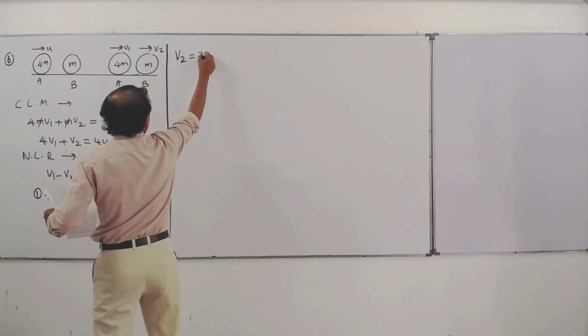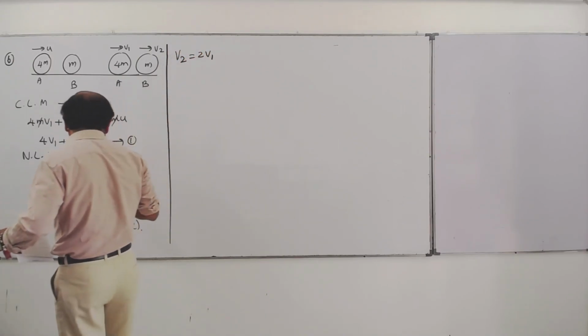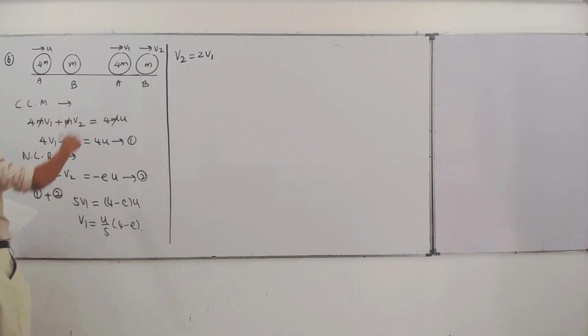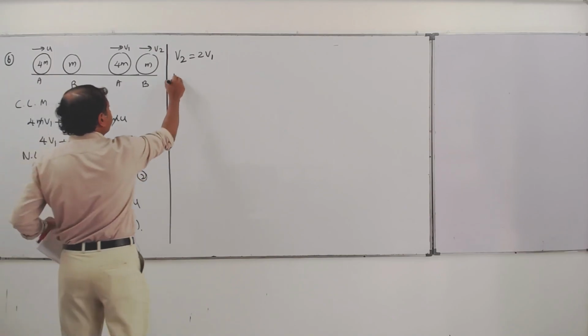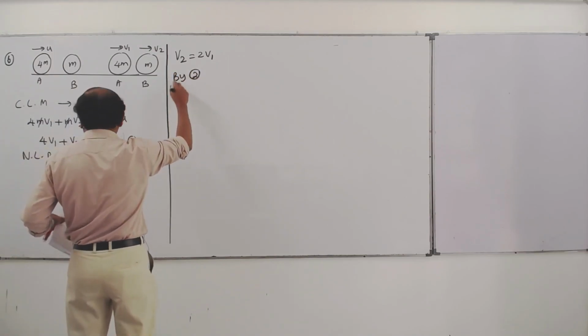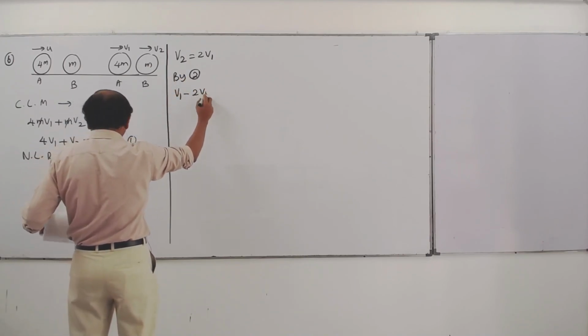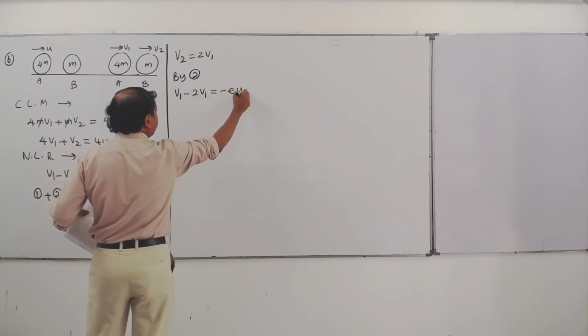Then what we do is this: in number 2, I substitute this v2, that is 2v1. By 2 you can write v1 minus 2v1 is equal to minus eu.